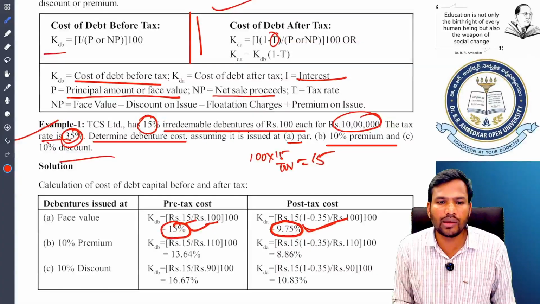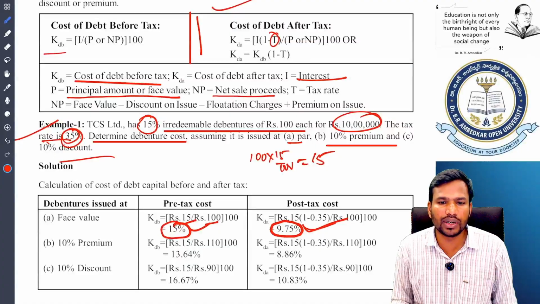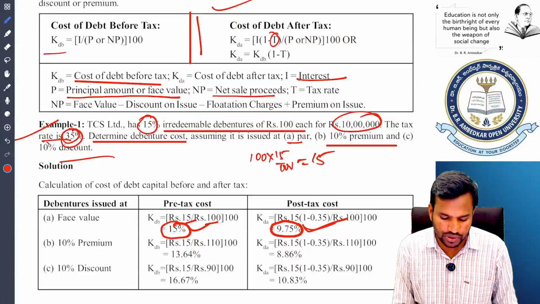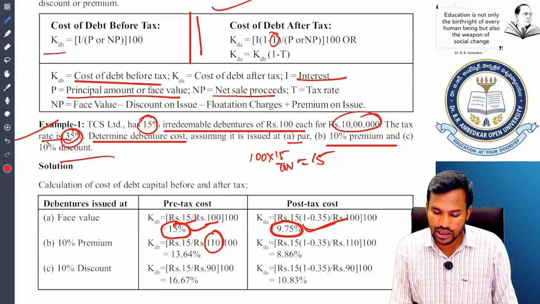And if the company redeems the debentures at 10% premium, then net proceeds will become 110. How 110? 100 into 10% is equal to 10 rupees will come.